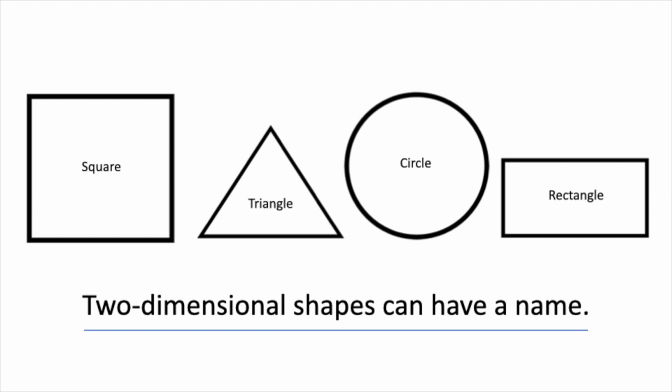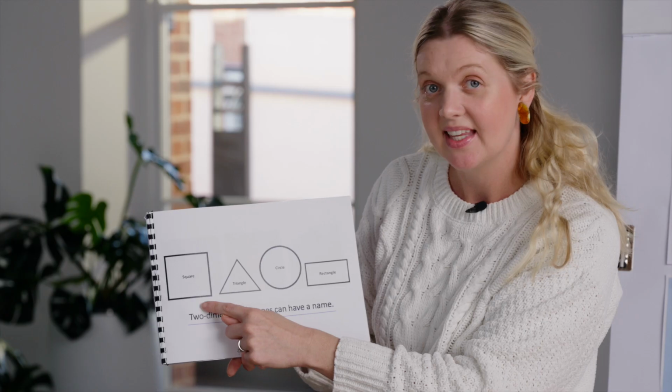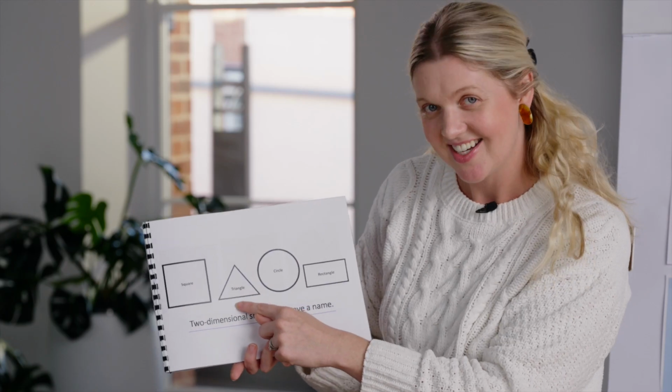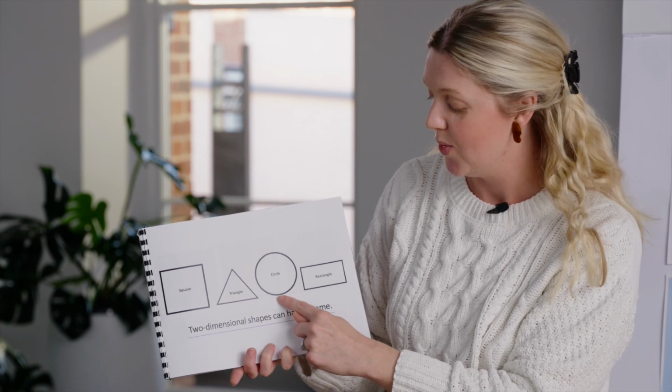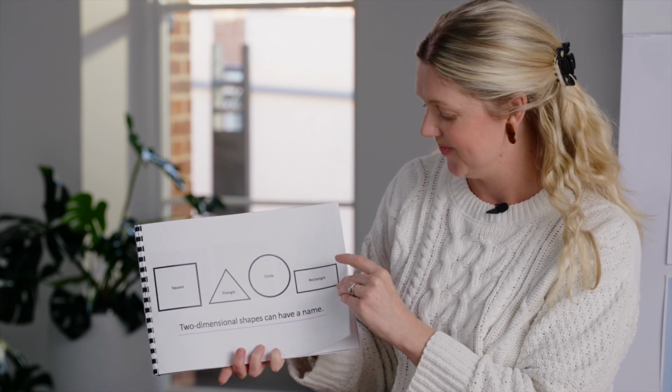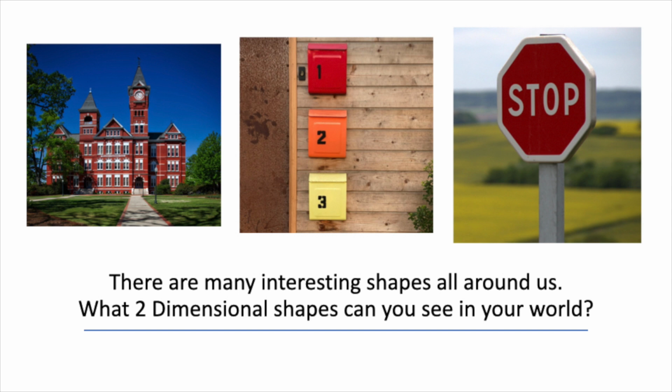Two-dimensional shapes can have a name. Do you know the names of these shapes? Say it with me. Square, triangle, circle, rectangle. There are many interesting shapes all around us. What two-dimensional shapes can you see in your world?